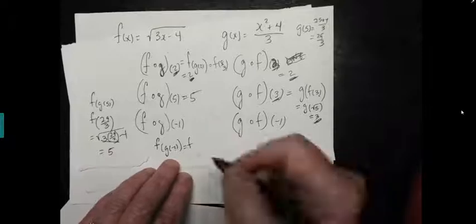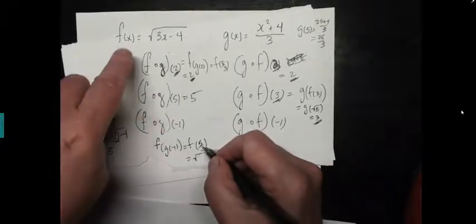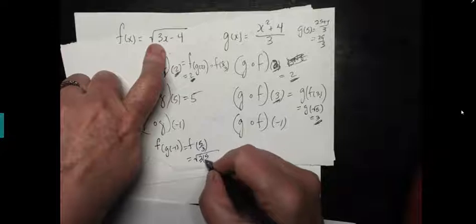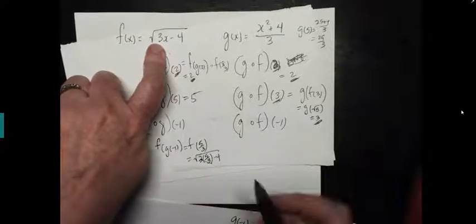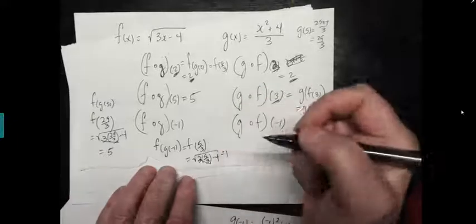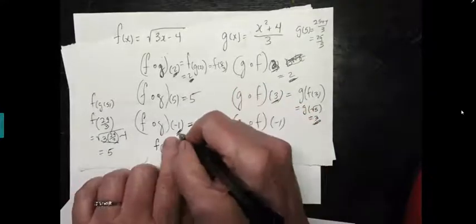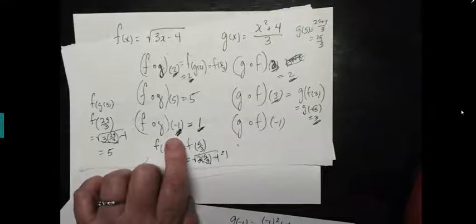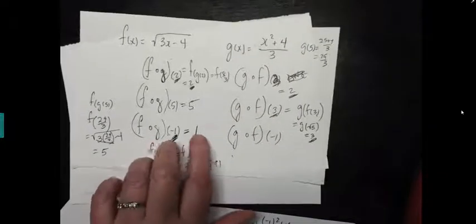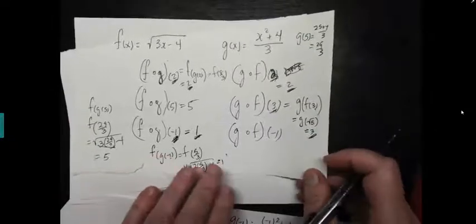So this is the same as f evaluated at 5/3, and if I plug in 5/3 for x, then I'm going to have the square root of 1, which is 1. Now notice that those two are not the same. So I could conclude from that alone that f and g are not inverses.